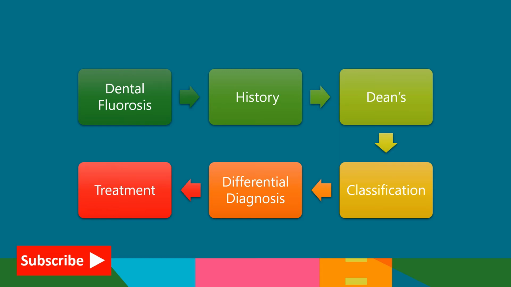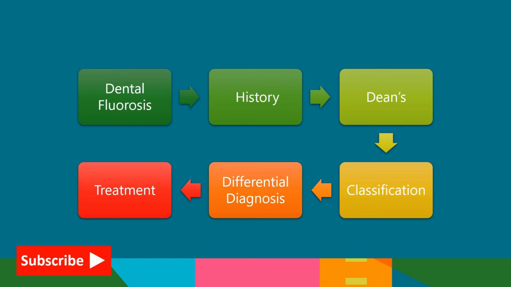Then we should know about the differential diagnosis, how other teeth conditions are classified and how they are different from dental fluorosis, and what will be the treatment plan of dental fluorosis. To know more about differential diagnosis and treatment plan, you can watch our another video made on details of differential diagnosis and treatment of dental fluorosis.